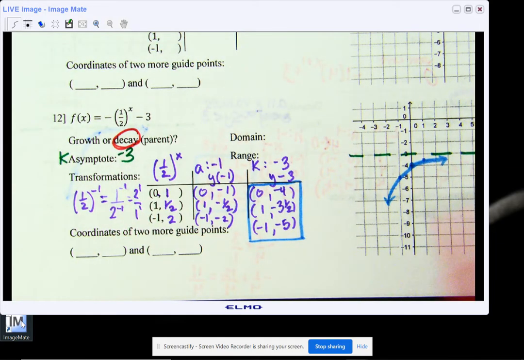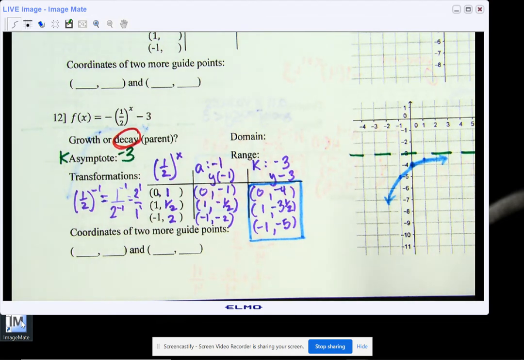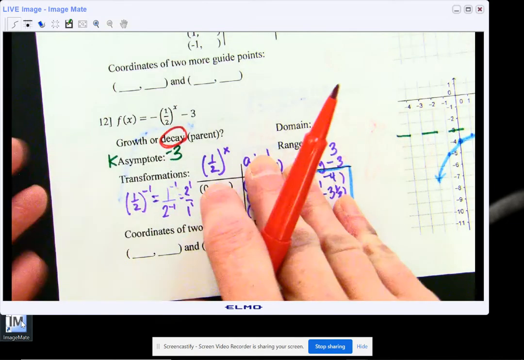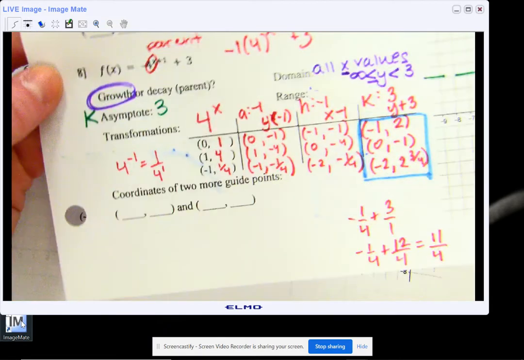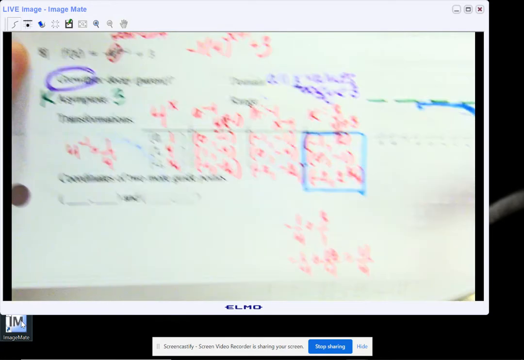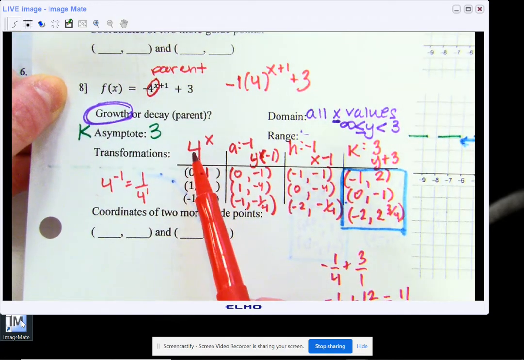And if we look at the parent function of what we've done so far, when our parent function has a number bigger than 1, like 8 that we just did, that was a growth. Our parent function was 4.